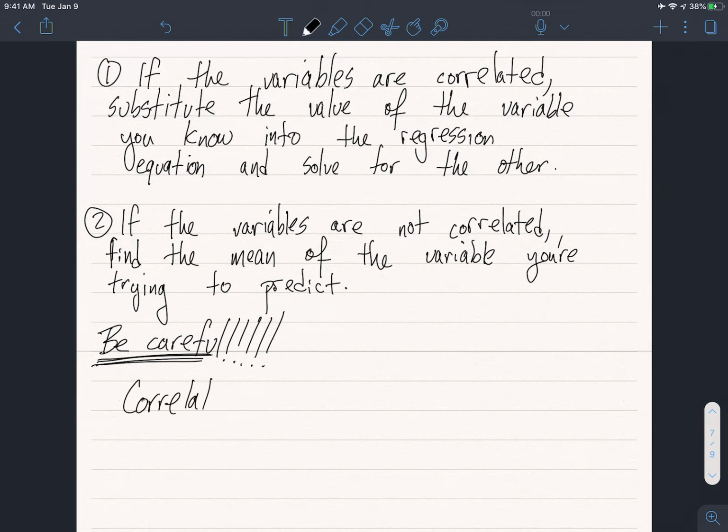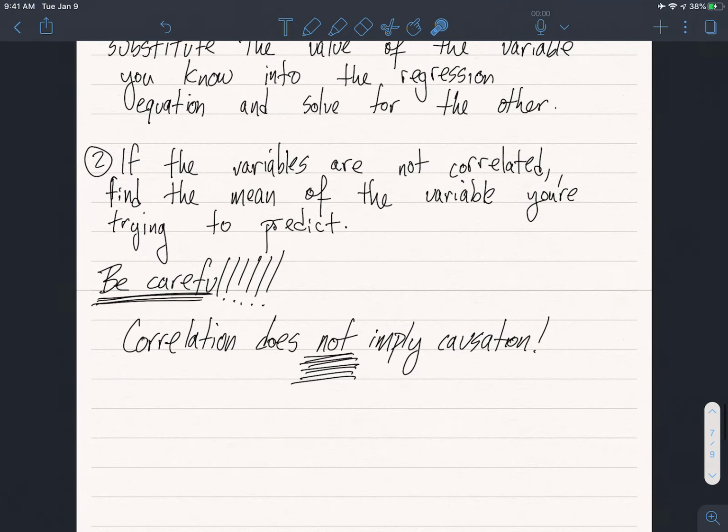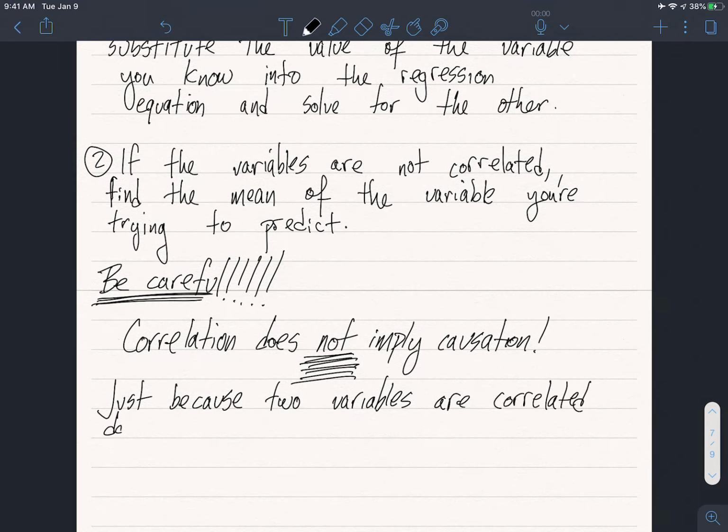Correlation does not imply causation. Just because two variables are correlated does not mean one causes the other at all.